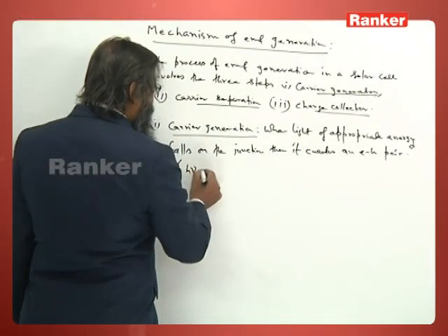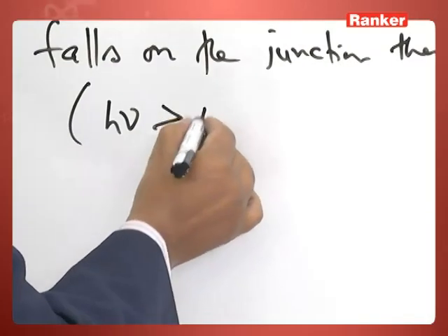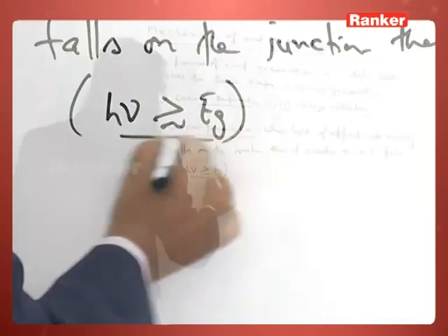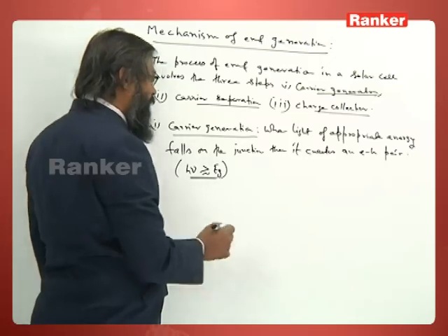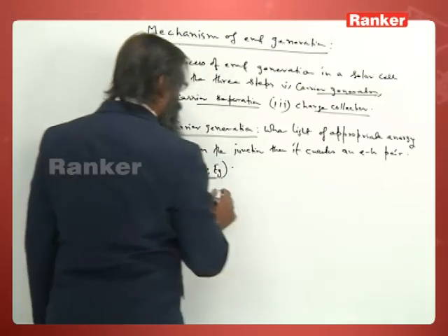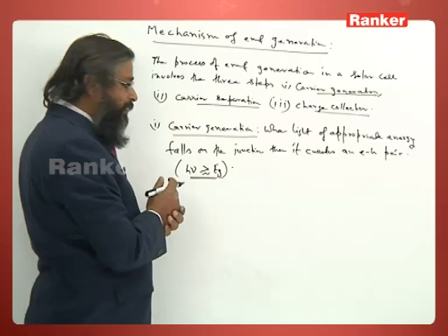The point is the light energy is somewhat greater than Eg. So thus an electron hole pair is created.